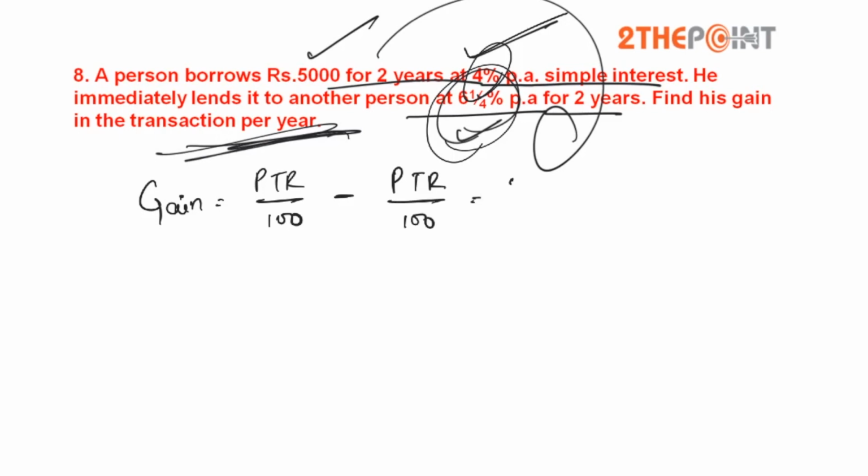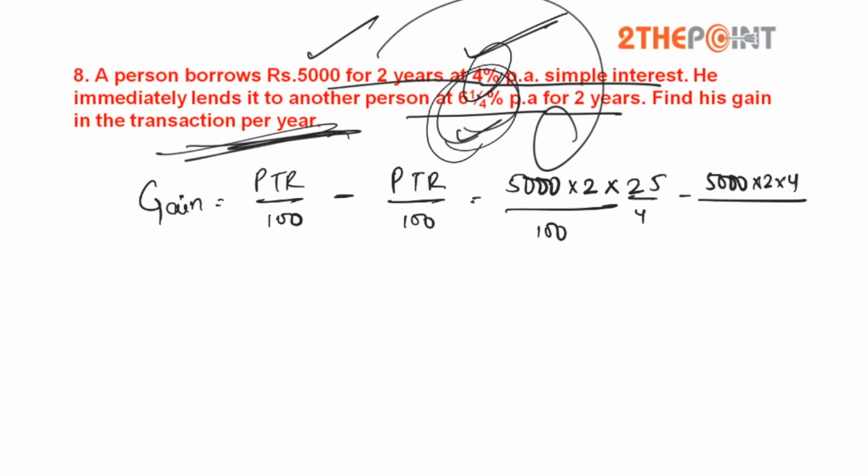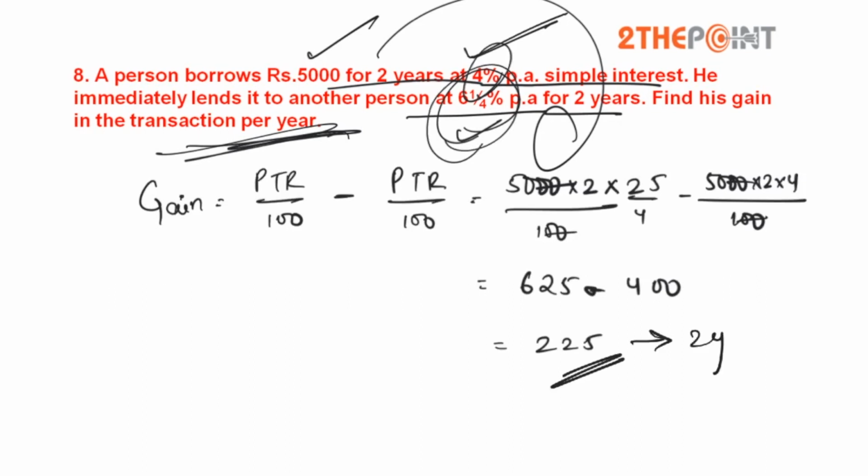That is, principal is the same for both, 5,000 into 2, and rate of interest 6 1/4 can be written as 25/4, by 100, minus 5,000 into 2 into 4 by 100. Substituting this, you'll get 625 minus 400, which is equal to 225. This 225 is the total gain for 2 years.